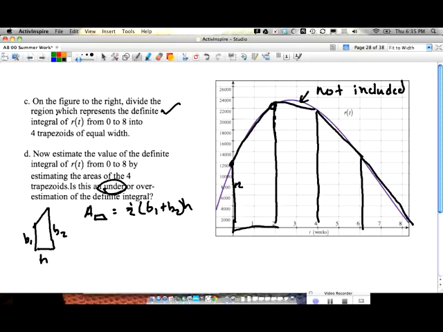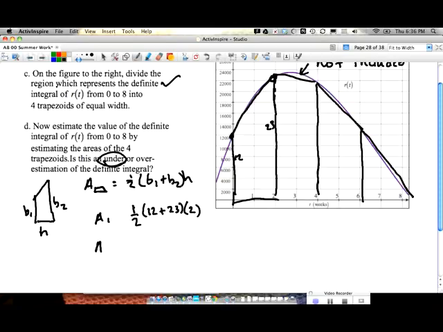So base 1 plus base 2, that's 12, and this one is kind of in between, so that's about 23. So we're going to do half times 12 plus 23 times the height, which in this case is 2. So that's the area of the first one.